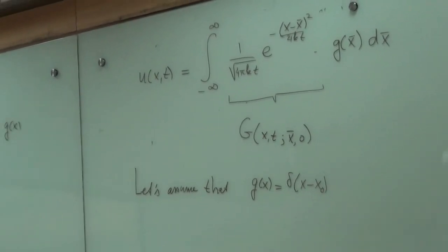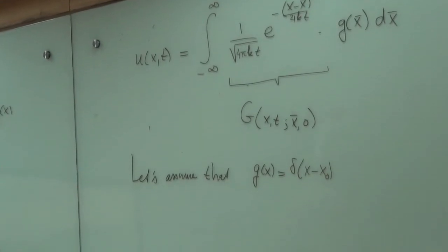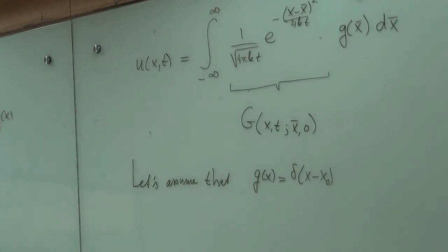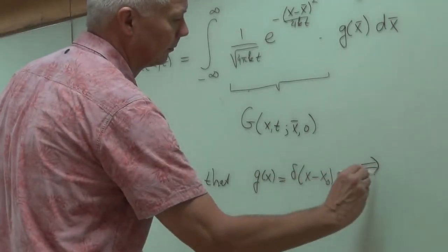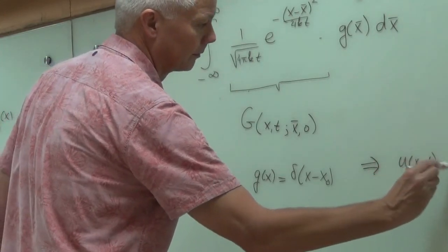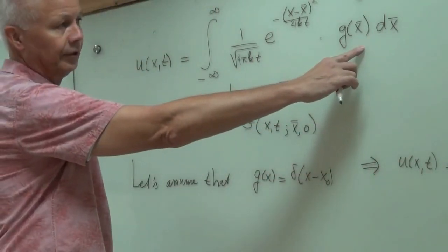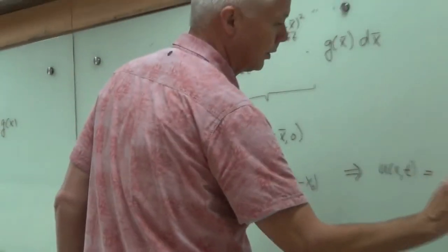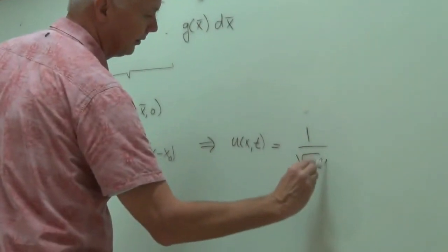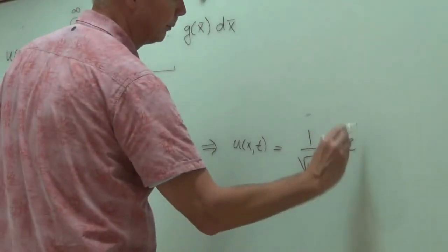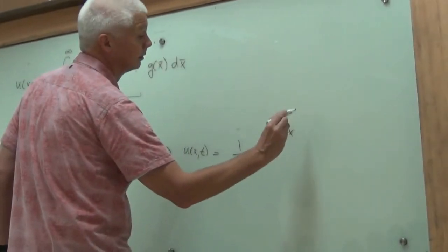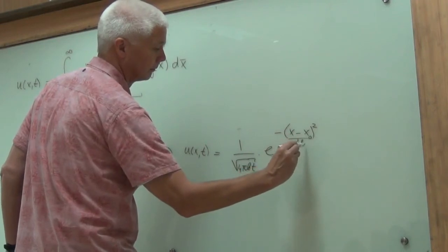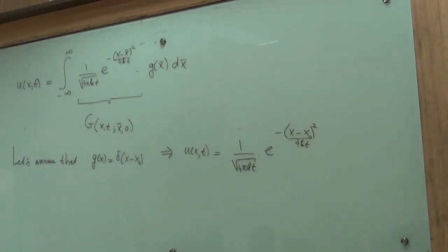At the point x0, initially I give an initial impulse in my temperature, and all the rest is 0. And then I wonder what happens with the solution. What is my u? I have to put over here delta(x bar minus x0). So I will get as a solution 1 over the square root of 4 pi kt times e to the power minus (x minus x0) squared over 4kt. You agree?